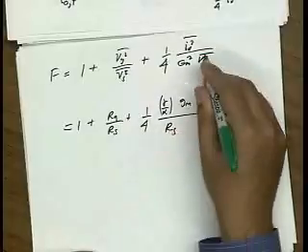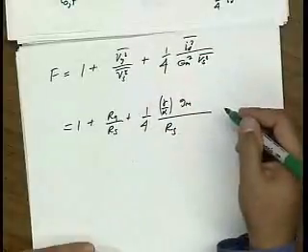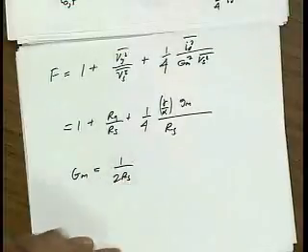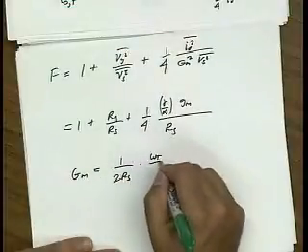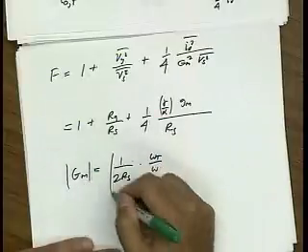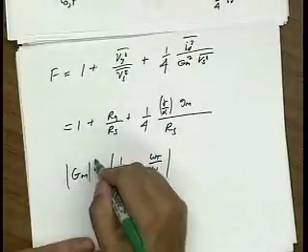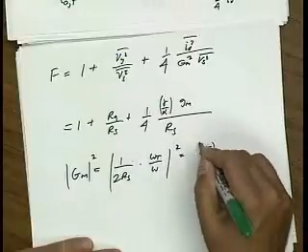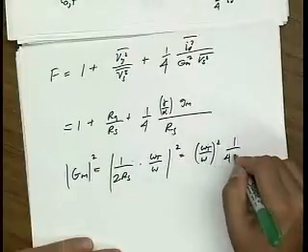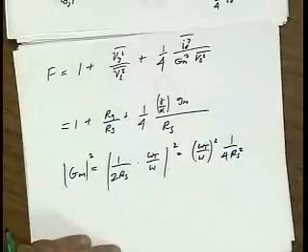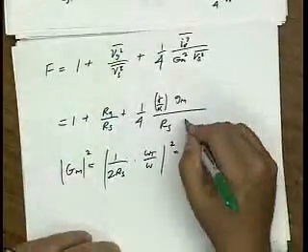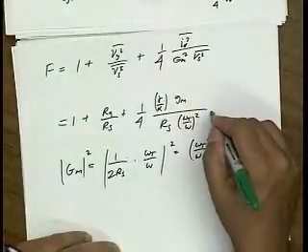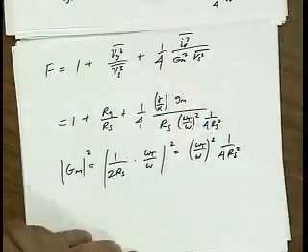This is going to be RS, this term here. And for GM, recall that GM is 1 over 2 RS times omega t over omega. So if I square GM, I get omega t over omega squared, 1 over 4 RS squared. So here I substitute omega t over omega squared, 1 over 4 RS squared.